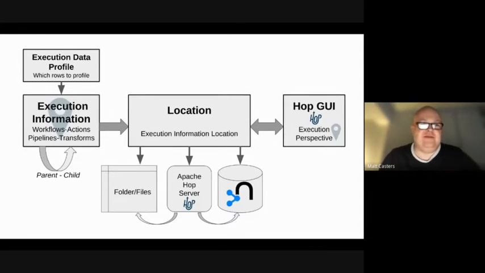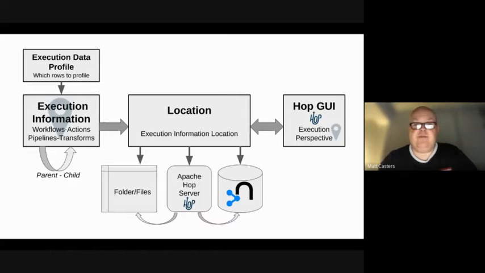So the idea of this thing is that if you have anything executing, like a workflow, pipeline, or the actions and transforms in there, or sub-pipelines of actions or transforms and so on, they will report what they're doing, the information about the execution, to a certain location.